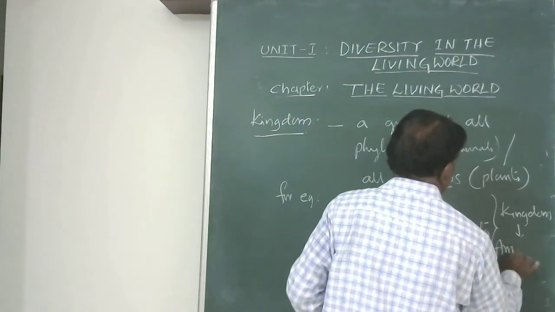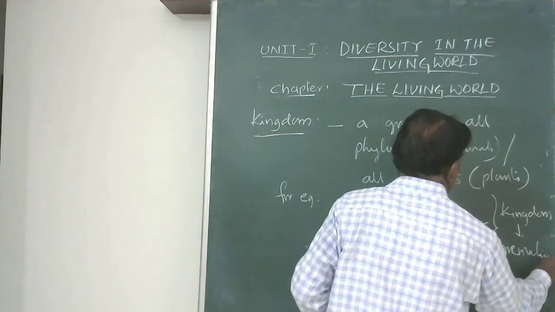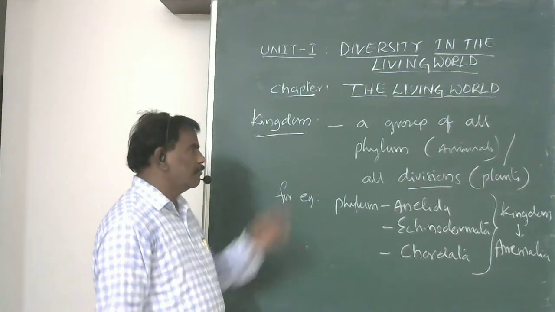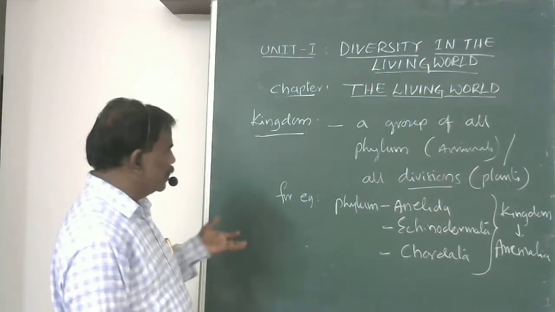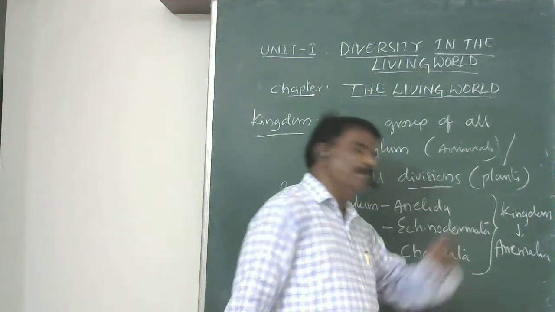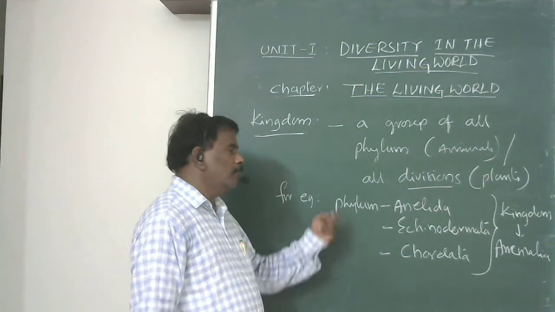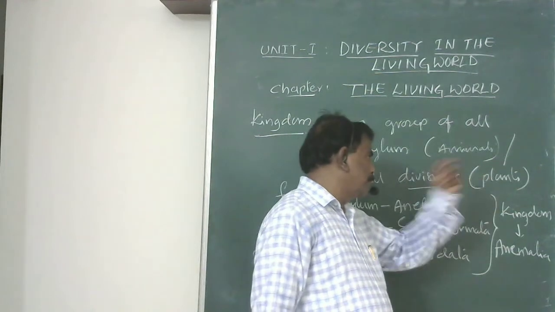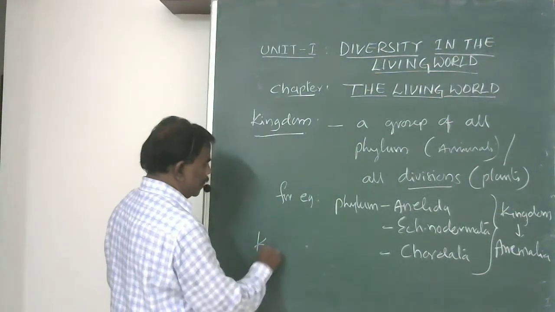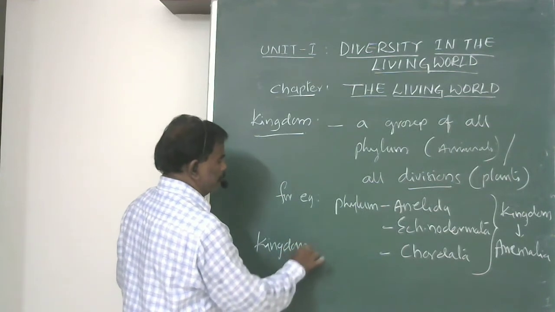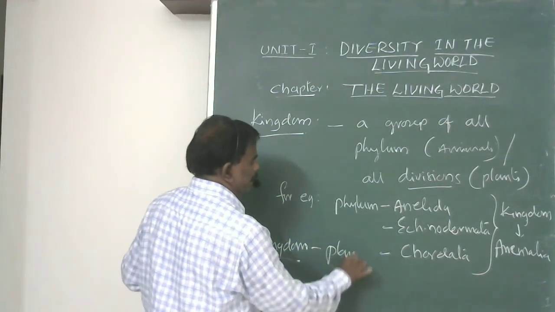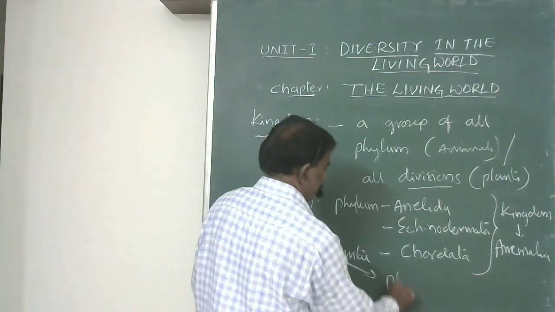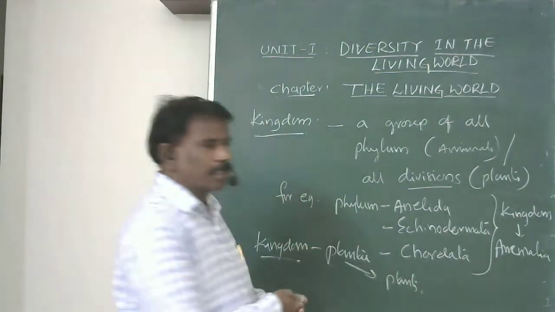Like that, all divisions are in the kingdom Plantae. So, when we talk about kingdom Animalia, it means all animals. When we talk about kingdom Plantae, it means all organisms in the group of plants. So, this is about the kingdom.